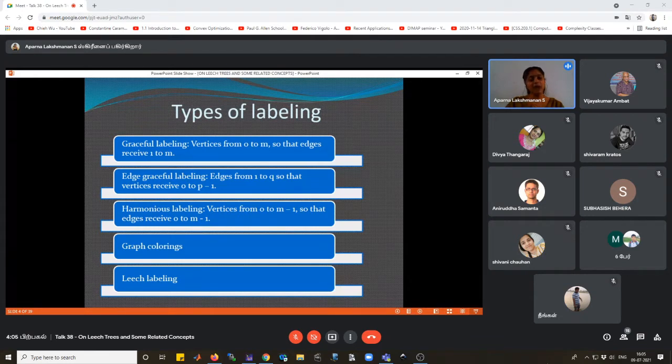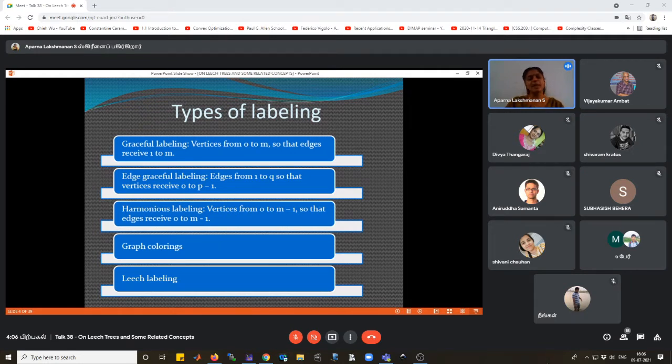Coming to graph coloring, graph colorings can be viewed as a special kind of labeling. Here we are giving colors to the vertices. These colors can be considered as labels, or for colors we can say color 1, color 2, color 3, like that. That gives a labeling. And what will be the condition here? No two adjacent vertices must receive the same label.